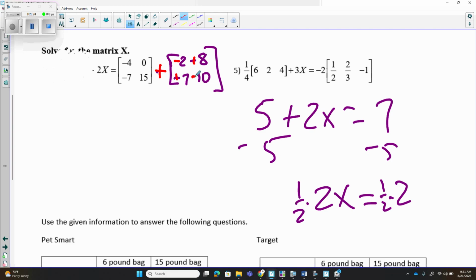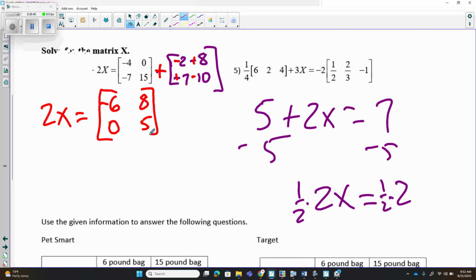Then that way, when I add that, I get 2x is equal to, I think it's -6. And I want to say I get 8. And I want to say I get 0. And I'm going to get 5. Peyton, you with me so far? Yes. Haven't lost you? All right.